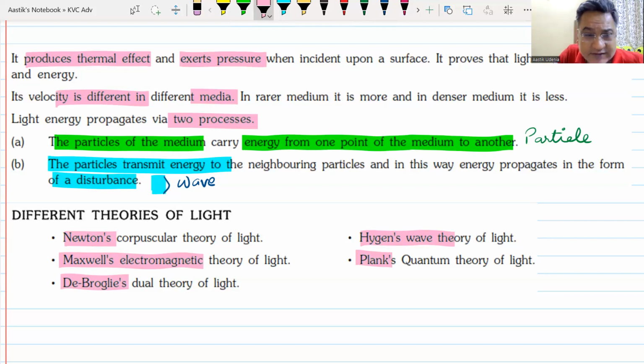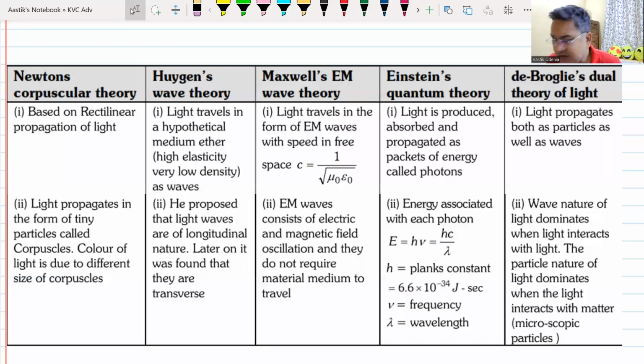Just note them down and I'll give you a table which tells us how different theories of light are different from each other or the same compared to each other. And these are the different theories put together in one table.